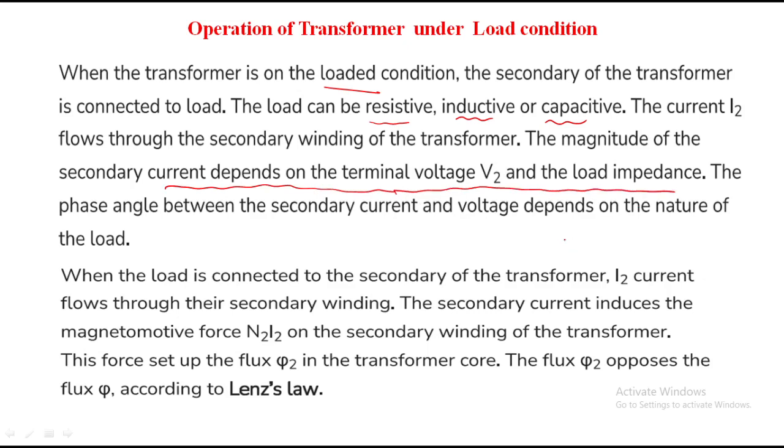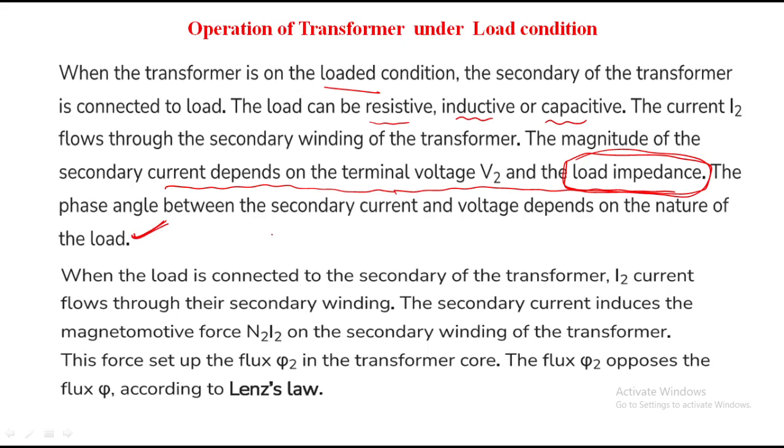By the variation of the load, we are going to get different values of secondary current. The phase angle between the secondary current and the voltage depends upon the nature of the load.